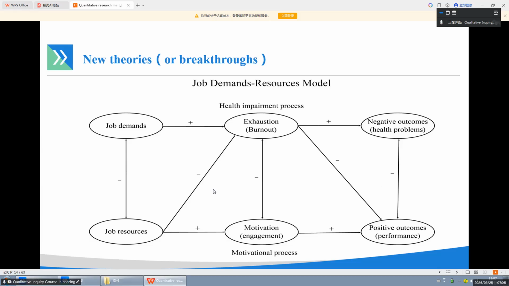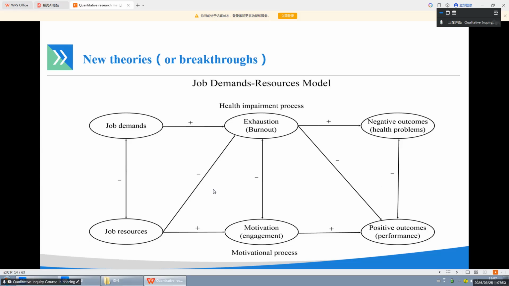This is a Dutch research team. The same team also proposed this very influential theory. So this theory may be helpful for your research. I explain the basic propositions.